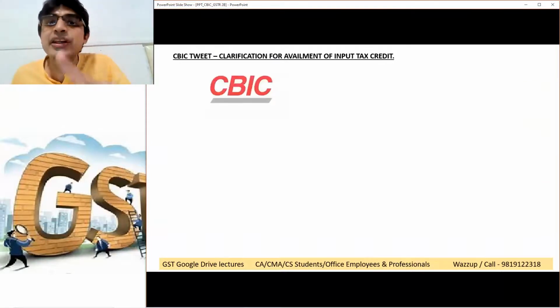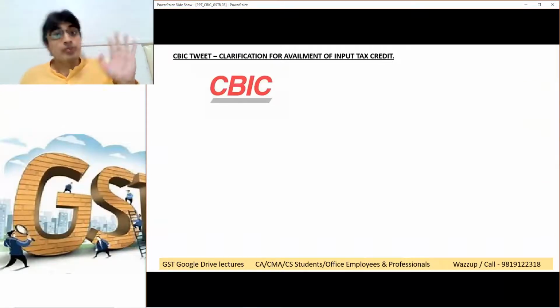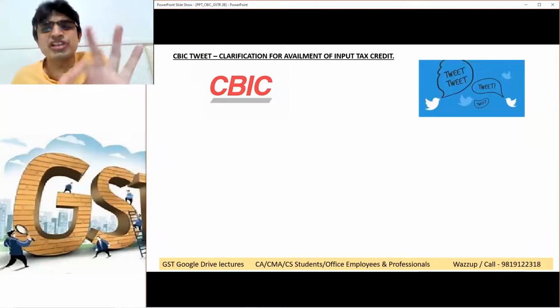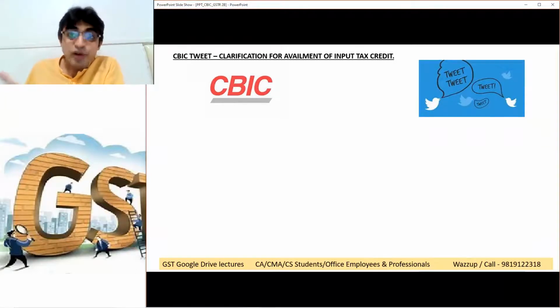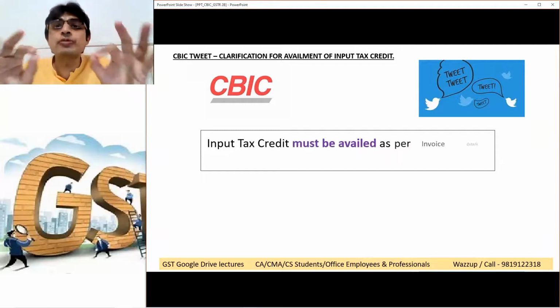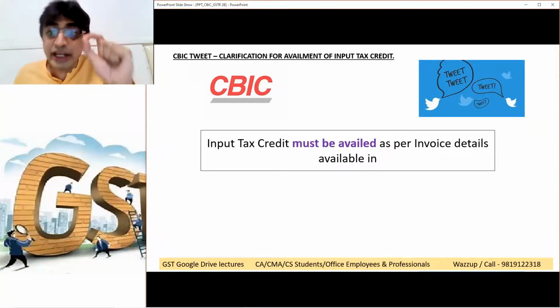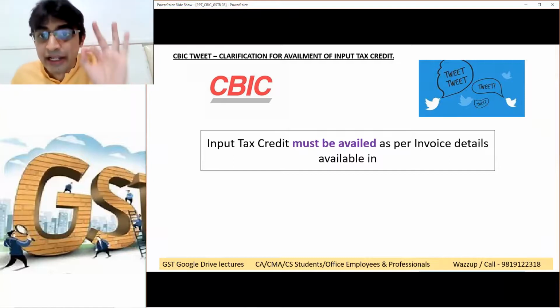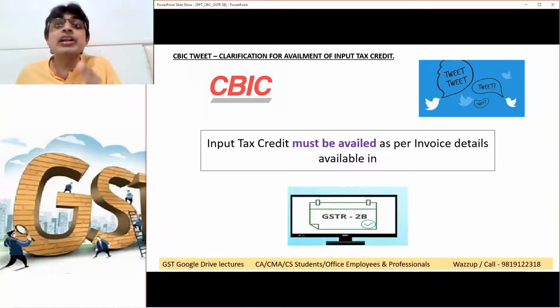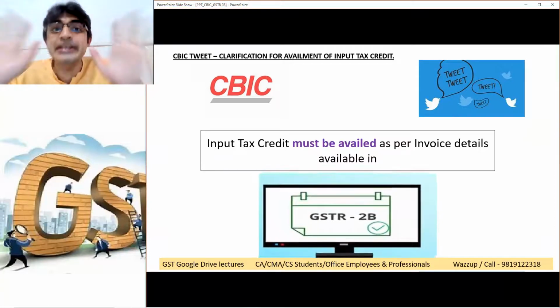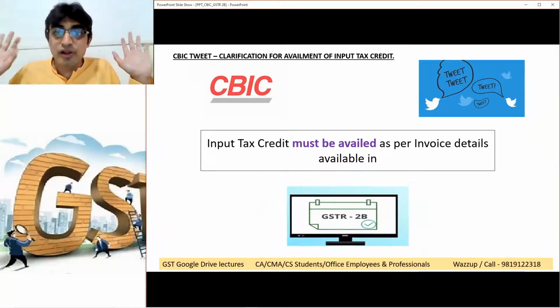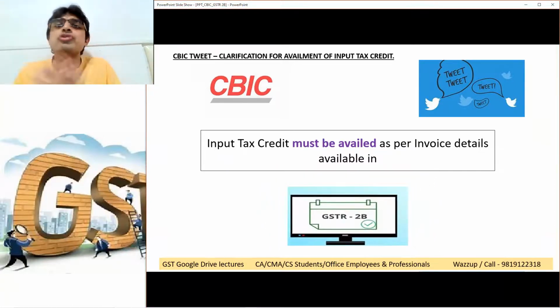Now CBIC has clarified it, but they have not passed any circular. It is just through a tweet. They have only tweeted that whatever ITC the recipient has, it must be availed as per invoice details available in GSTR 2B, not 2A. So this is the static document which you should refer.